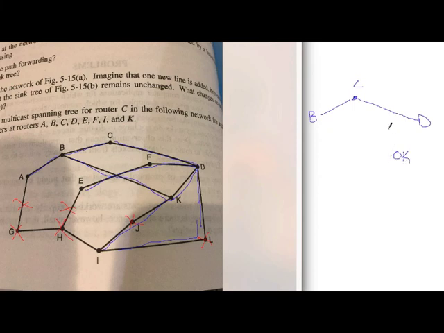And so K is in the network, and so we have two routes to K. We can go through D or B. So this is just closer. So for the ease of drawing, let's just put it there.